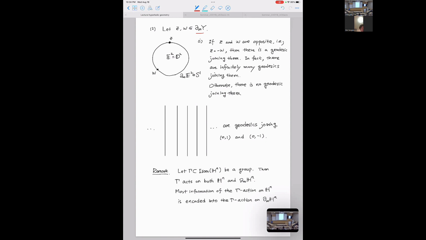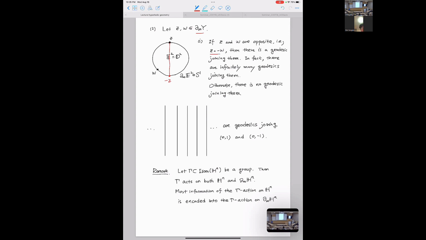This is E2, and the visual boundary of E2 is a circle, as you can easily see. If the two boundary points are opposite, meaning one is the negative of the other, then there is a geodesic joining them, like this. But it is not unique. There are infinitely many geodesics joining them.